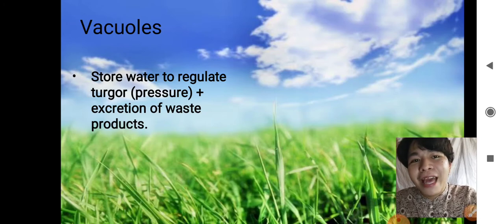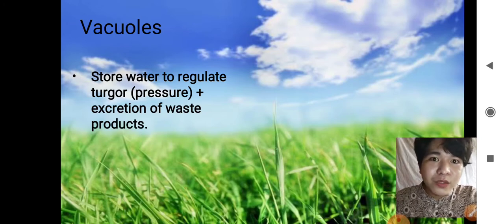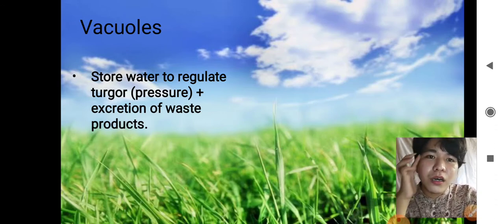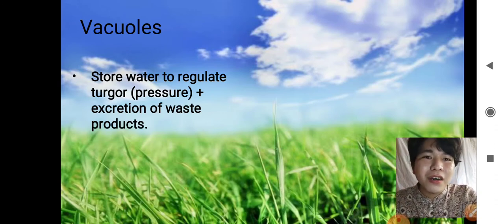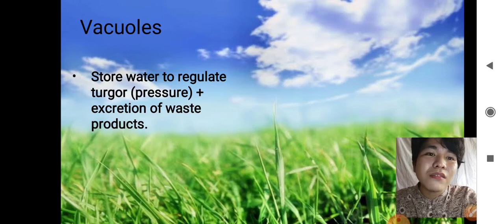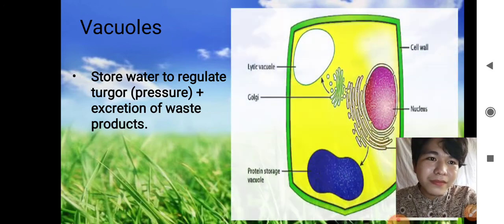So of course, plants really do need water. As you could observe, if you slice a little bit of the stem of the plant, you could really see that there is water. Because without water, the plant becomes weak. So here is the vacuole.